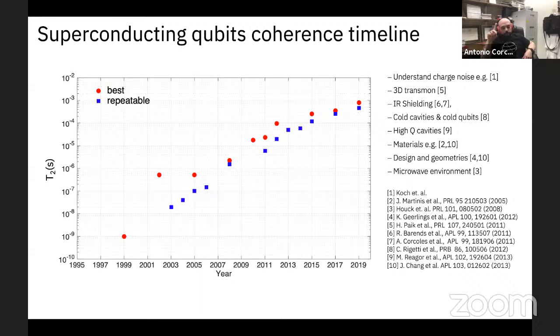But the thing that we have to bear in mind here is that we are doing this with the hope of reaching the threshold beyond which quantum error correction becomes feasible. We need to beat that threshold by a good margin.